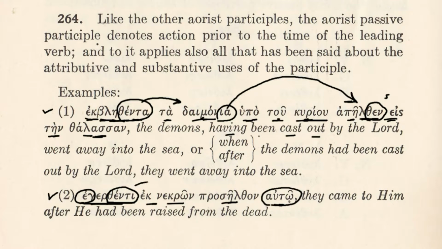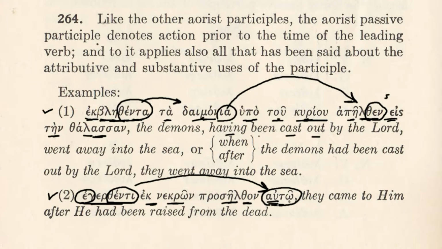And so, having been raised up, ek nekron, of course, from the dead, proseilthon could be I went or they went. This ending could go either way. Typically, the context will make it clear. To him. So, having been raised up from the dead, they went to him.